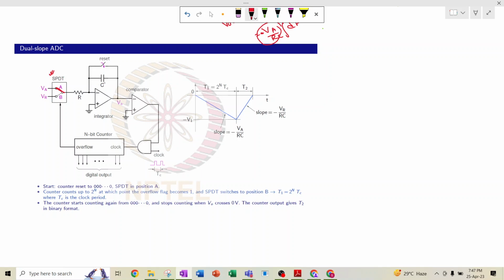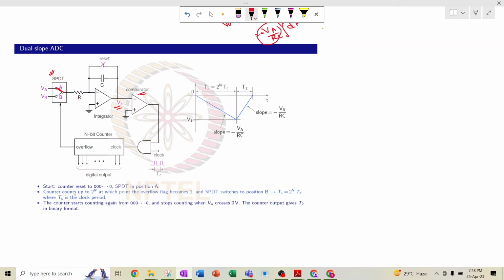That means it has an integrator circuit, as we have already discussed, already derived. So using this integrator circuit the Vo is generated, and obviously it is a basic comparator circuit. As this is a plus sign and this is a minus sign, it will go to this and AND it with the clock.